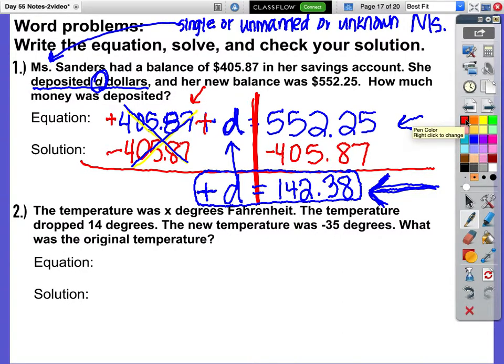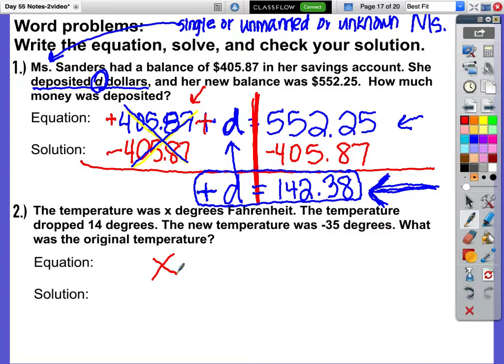Let's look at number 2. The temperature was X degrees Fahrenheit. The temperature dropped 14 degrees. The new temperature was negative 35 degrees. What was the original temperature? All right, let's just start at the beginning of our problem. The temperature was X degrees.